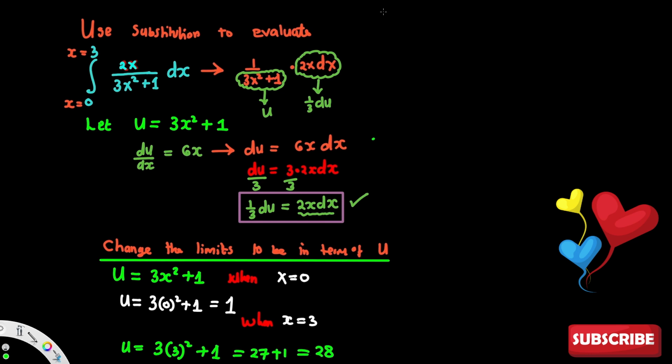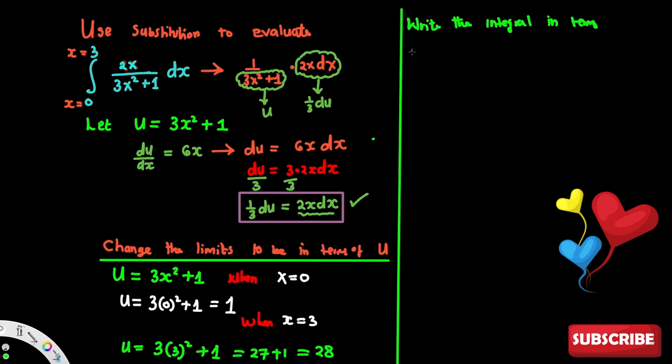So when we write our integral, in order to integrate, we're going to use the limits 1 to 28. We're going to write the original integral in terms of u.